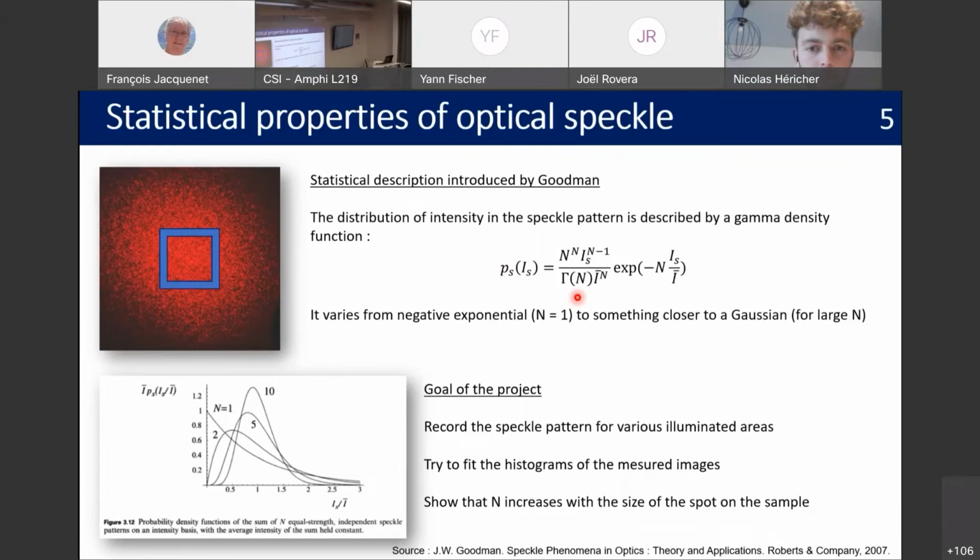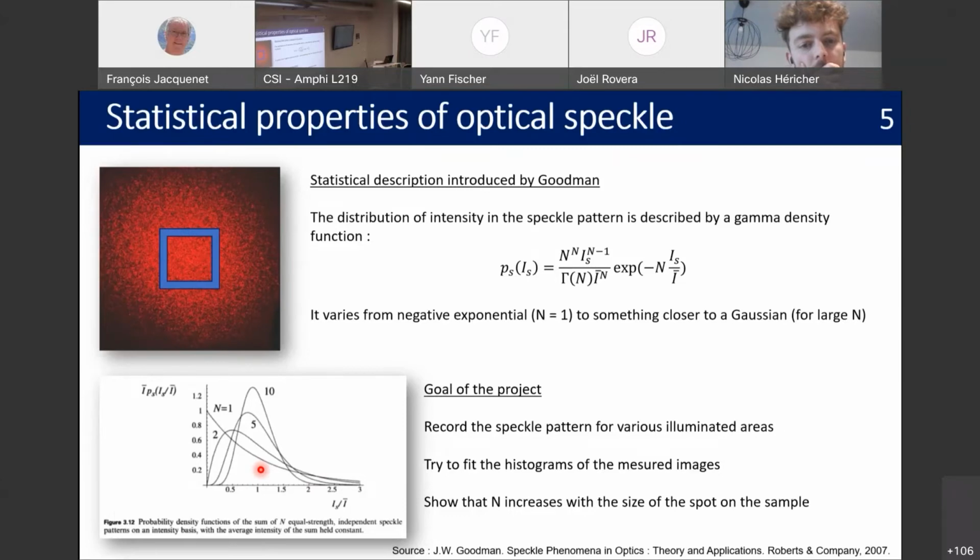And the letter n here is proportional to the illuminated area on the sample. So what we see on this graph is that for small areas, the probability density function has the shape of a decreasing exponential, and for larger areas, it converges to a Gaussian distribution.